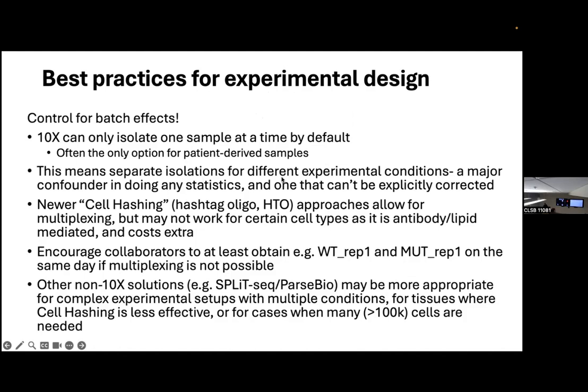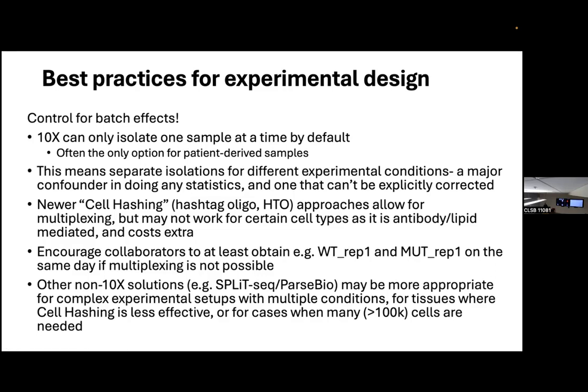Okay, so here's what I summarized: separate isolations for different experimental conditions. It's worth mentioning that in the last 2 years or so, 10x and some others have come out with a method they call cell hashing. Another name for this is a hashtag oligo, abbreviated HTO.